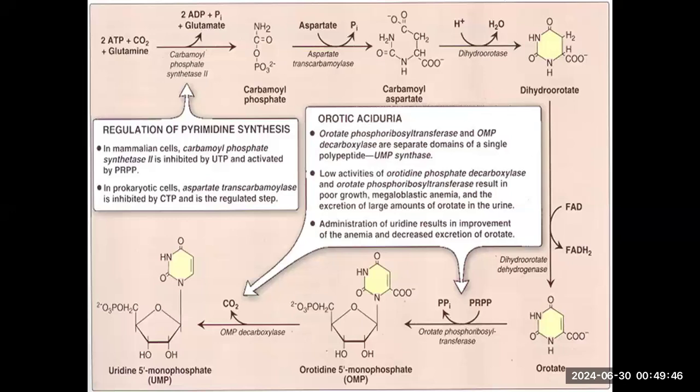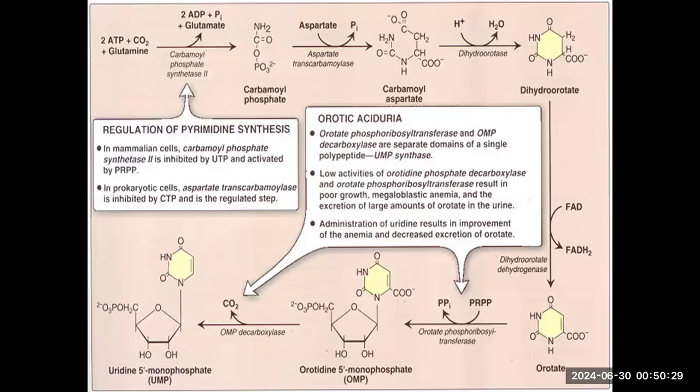From this, the carbon dioxide present right here is removed by the enzyme OMP decarboxylase, and we get the formation of the first pyrimidine nucleotide, UMP, uridine monophosphate. From this uridine monophosphate, the other pyrimidine nucleotides, cytidine monophosphate and thymidine monophosphate, are synthesized.